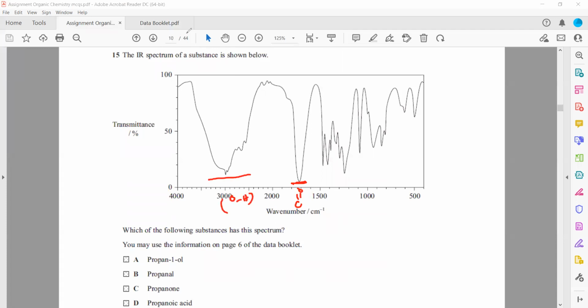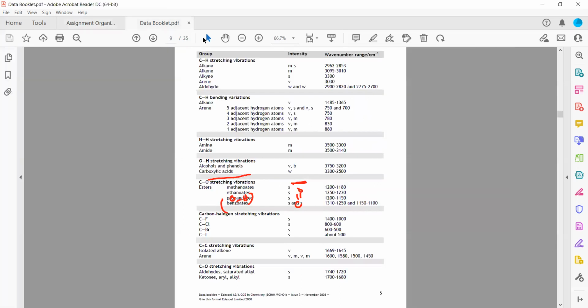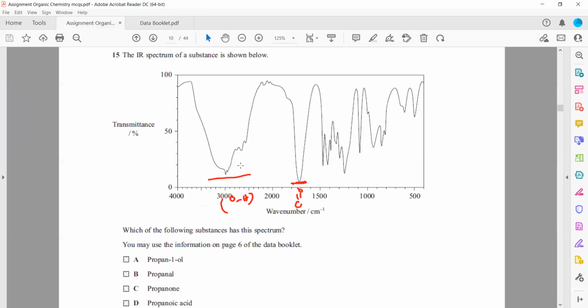For an aldehyde, if you have a carbonyl group, C double bonded with O, stretching is about 1700 to 1720, for ketones, aryl, alkyl. And because of the carboxylic acid, you should have 3300 to 2500. So one is due to OH, one is due to C double bonded with O. If it was an aldehyde or a ketone, this part won't be there.